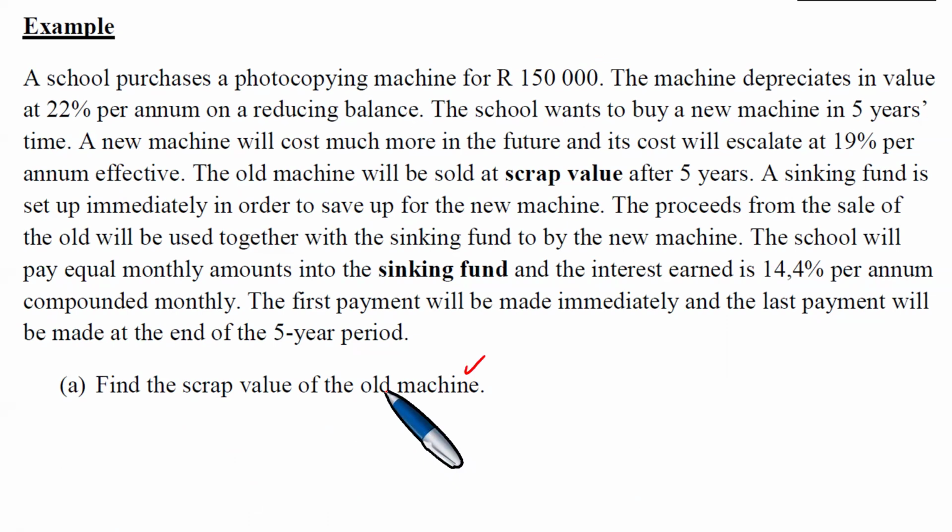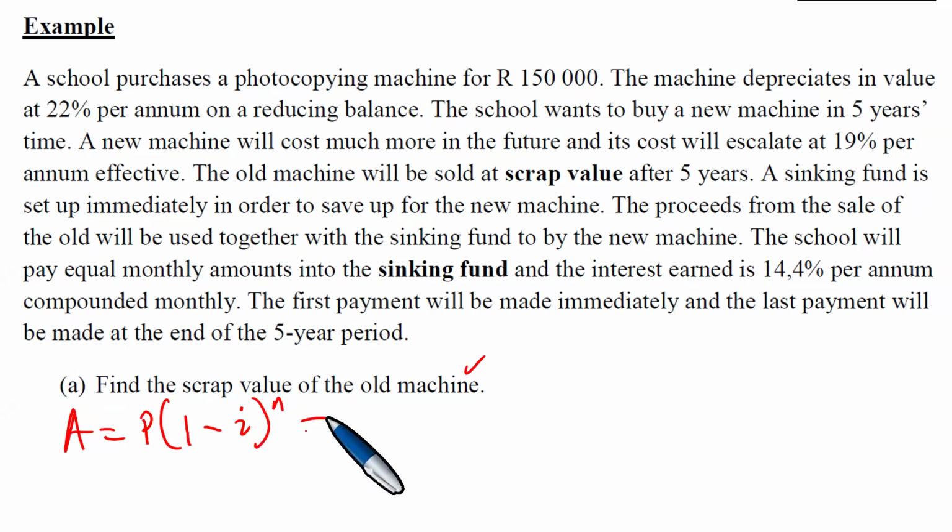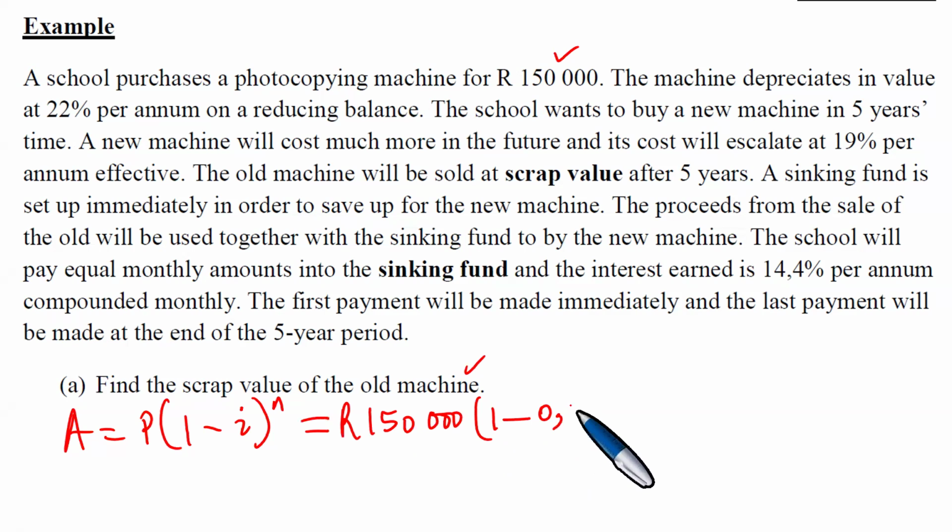Because the old machine depreciates, we have the following: A = P(1 - i)^n. The 150,000 is the actual value of the photocopying machine when it was bought, and we have 150,000 times 1 minus the percentage, 0.22, raised to the power of 5 years.